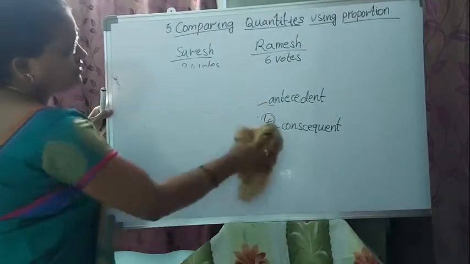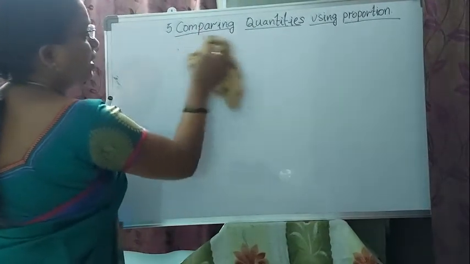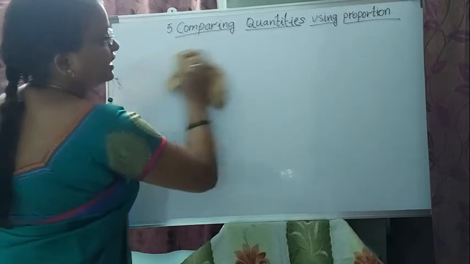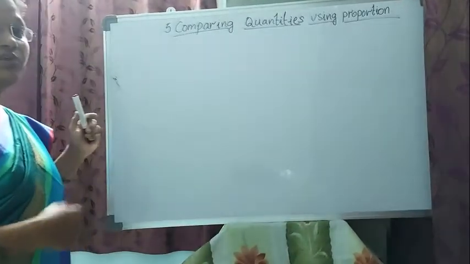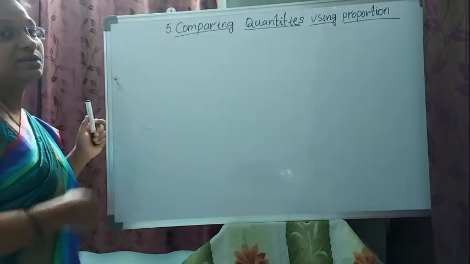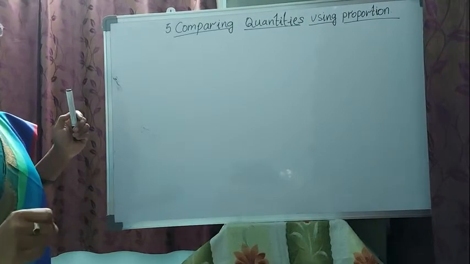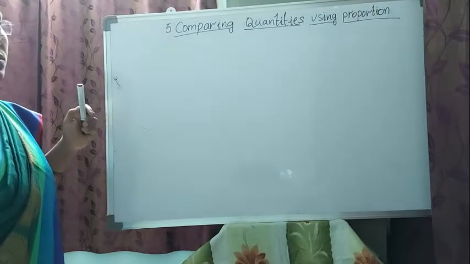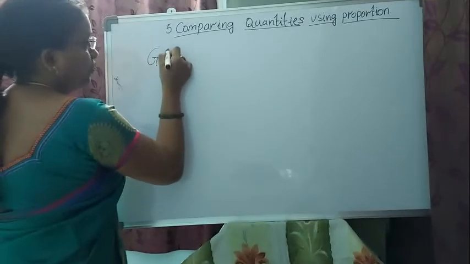What is the ratio in our body parts? In our body parts, we have some ratios. From the navel, the midpoint of the stomach, from navel to knee is to knee to foot. That is the golden ratio we have in our body.